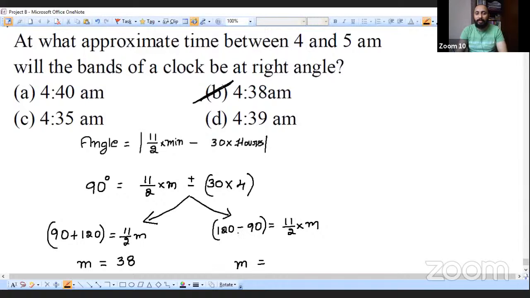When I'm subtracting, Diksha, how much am I getting? A very small value we're going to get there.